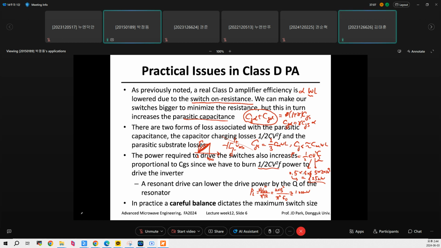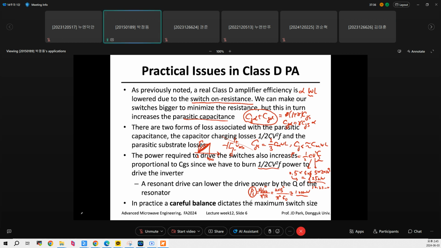So it becomes 10.25 milliwatt, which is more than 10% of the total power delivered to the load. Therefore, you have to be very careful when you increase device size. You have to perform very careful balancing for the optimum switching size.